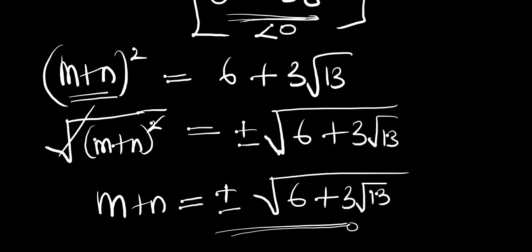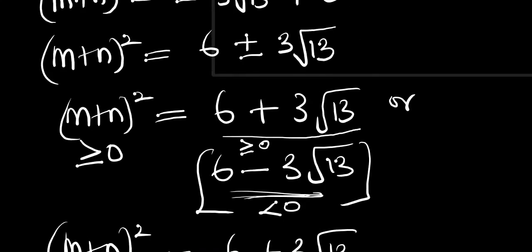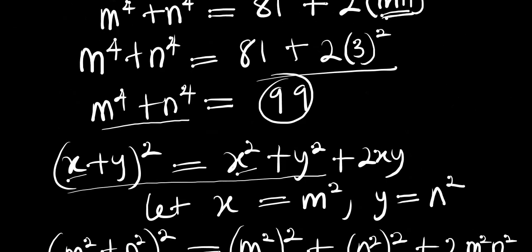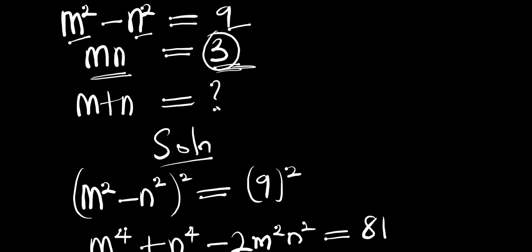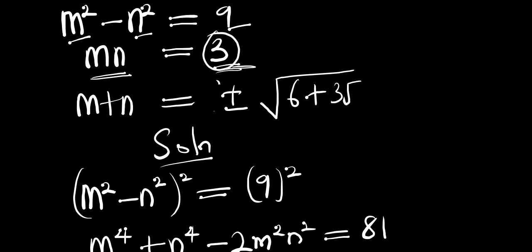So this becomes the value for m plus n. Going back to the original equation, we can write m plus n equals plus or minus the square root of 6 plus 3 root 13. So that's it for the video. Thank you and goodbye.